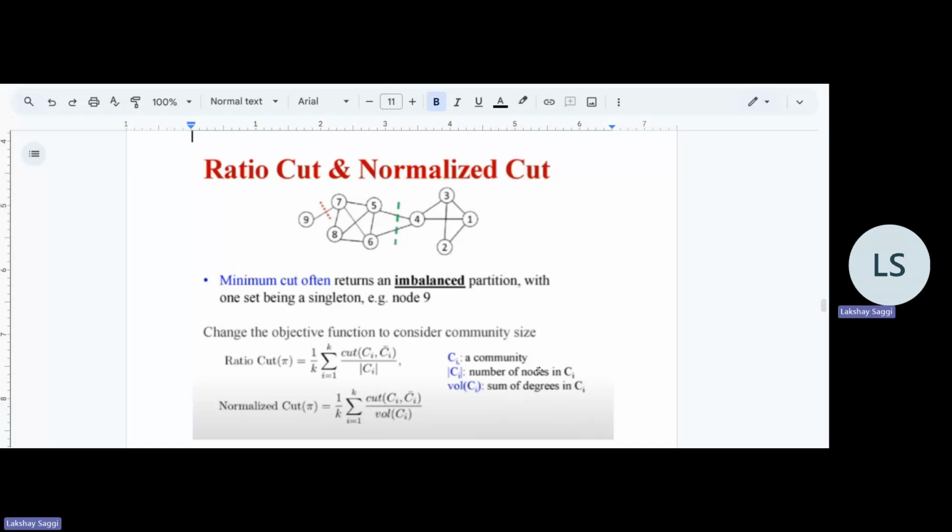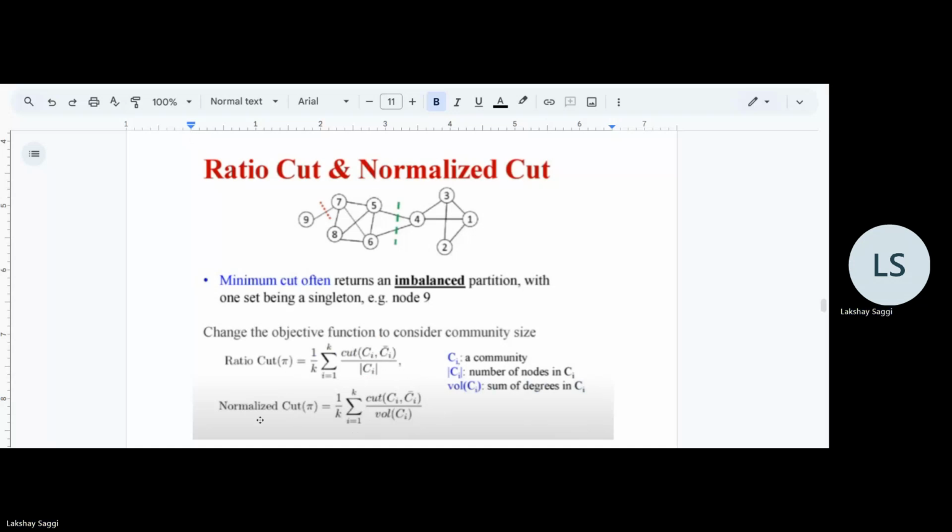If you take the vertices of Ci and sum their degrees, that's what is called the volume of Ci. So in normalized cut, you take the size of the cut divided by the volume of the cut, and in ratio cut you take the size of the cut divided by the number of vertices in the cut.